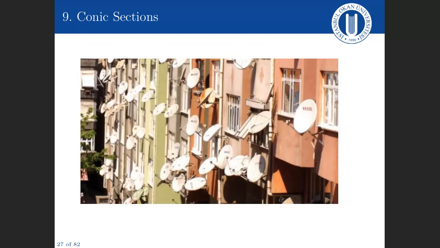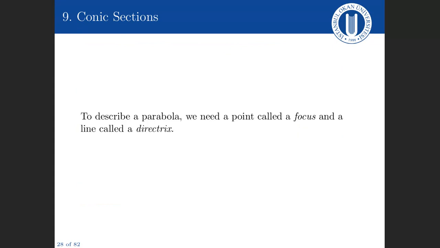Another place we see parabolas a lot is on satellite dishes. If you take a satellite dish and draw a line on it, this curve is a parabola. To describe a parabola, we need a point, which is called a focus, and we need a line called a directrix.